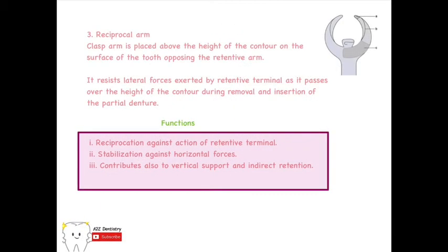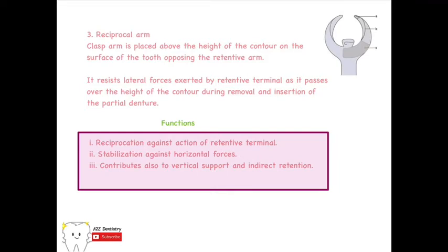So till now we have seen the rest and the retentive arm. Our third R is the reciprocal arm. This reciprocal arm lies exactly opposite to our retentive arm. In this figure, A, B and C represent the components of our retentive arm, and the exact opposite arm is our reciprocal arm.